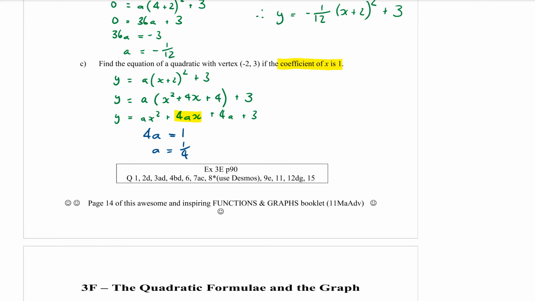And that's given it all away. Now I know what my starting equation must have been. I can put that back into my starting equation. y equals, if a is 1/4, then it's going to be 1/4 (x plus 2) in brackets squared plus 3. So you get to sketch some parabolas using completing the square, but you also get to have some other types of fun with these ones here at the end.